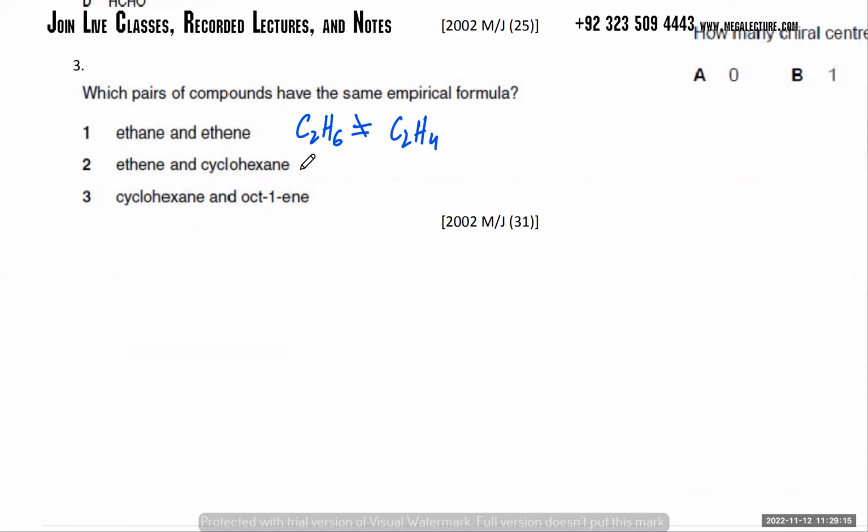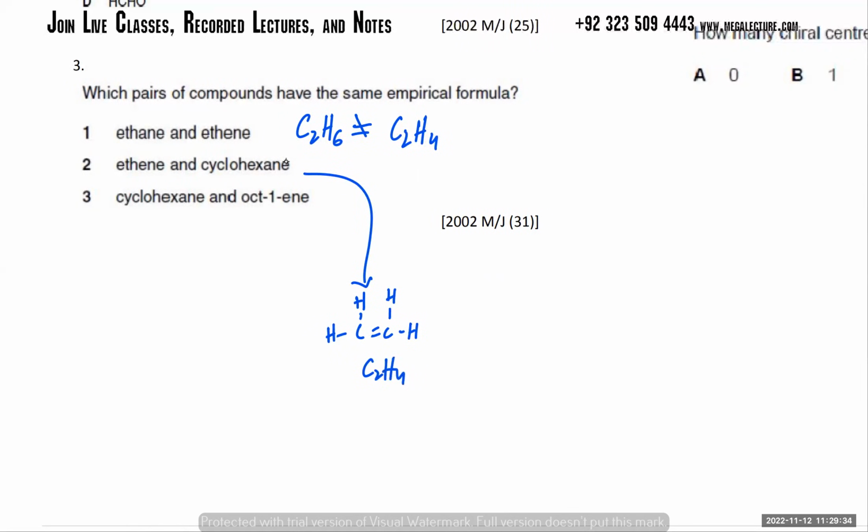Achha, ethene and cyclohexane. I'll draw both molecules. Ethene has a double bond, so it's C2H4, right? CnH2n.